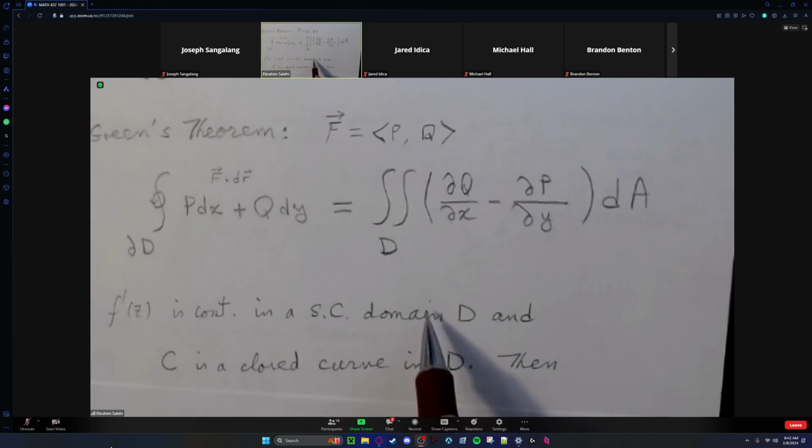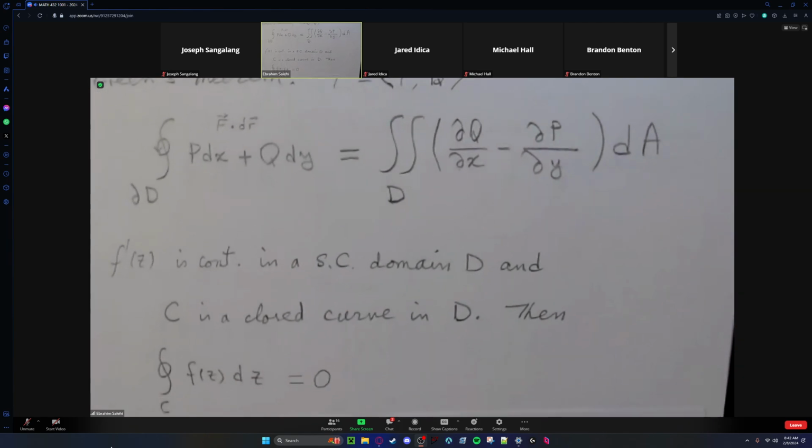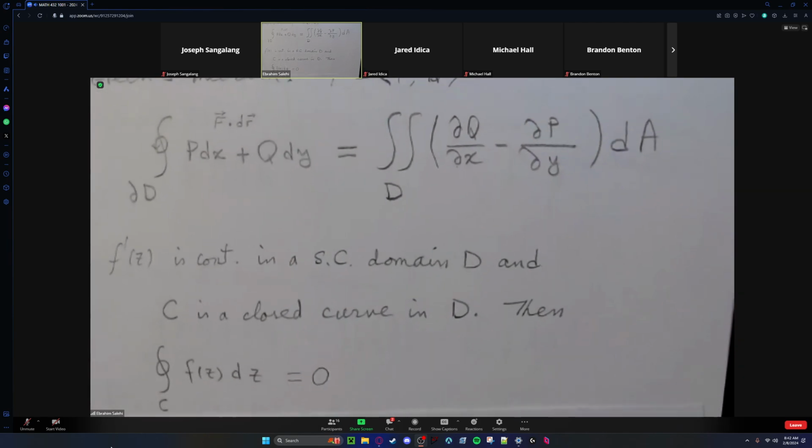So there is no hole in a simply connected domain. And if C is a closed curve in that simply connected domain, then the integral is zero. Okay? The integral is zero. Very, very beautiful theorem.